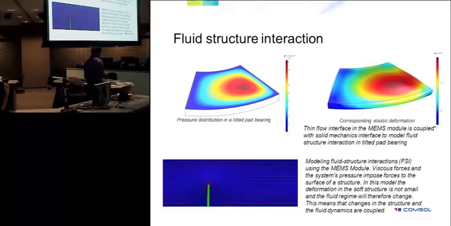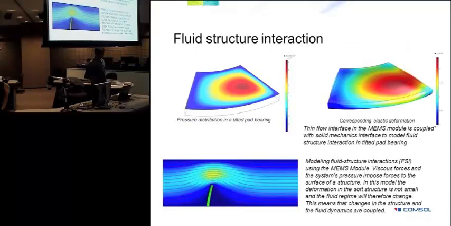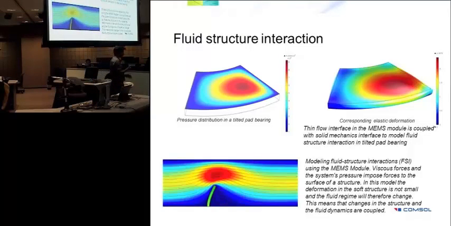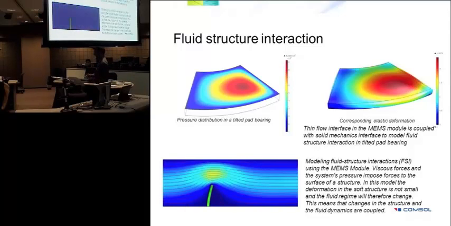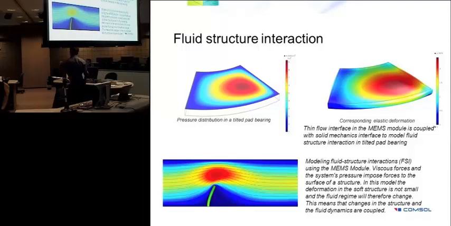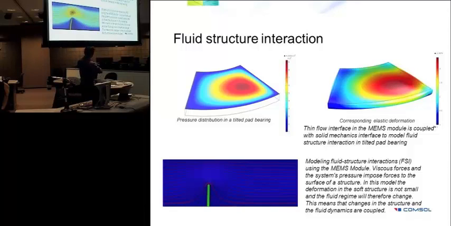Fluid structure interaction: the first couple of pictures here are that of interaction between a solid and a thin film, as in bearings, like journal bearing, tilted pad bearing, step bearing, any bearing that you can think of. So you basically solve the Reynolds equation, that is fluid pressure on a surface.